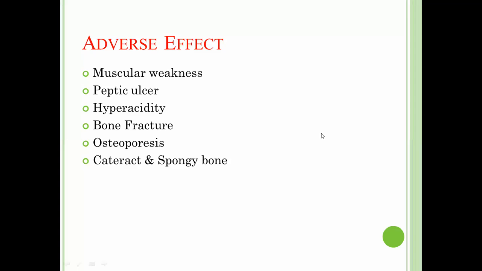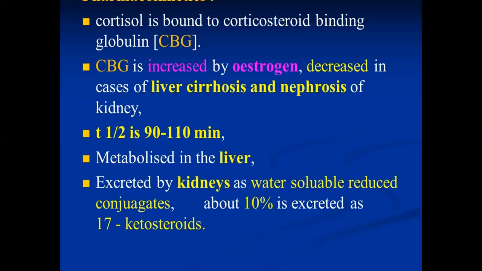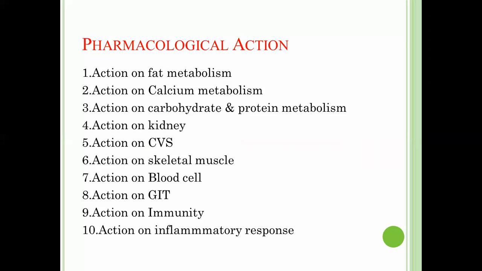Then the next point is adverse effect. From which point do you have to write the adverse effects? From the pharmacological actions. If the pharmacological action point is clear, then it is easy to write the adverse effects. So you have to write the adverse effects from all the pharmacological actions. First, action on fat metabolism.